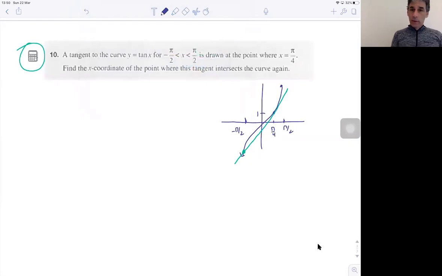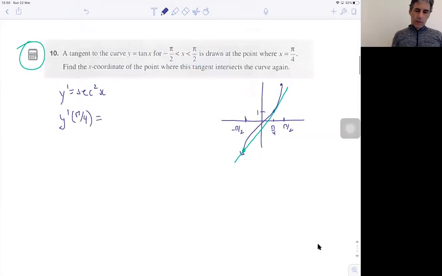Okay, well, when in doubt, not too sure what to do, always take a first derivative. So the derivative of tan is sec squared x. To find the equation of a tangent line, I need the slope of this derivative at the interested x coordinate, pi over 4. So we're looking for sec squared at pi over 4. Now we have our GDC, so if you want, you could evaluate that on your graphing calculator.